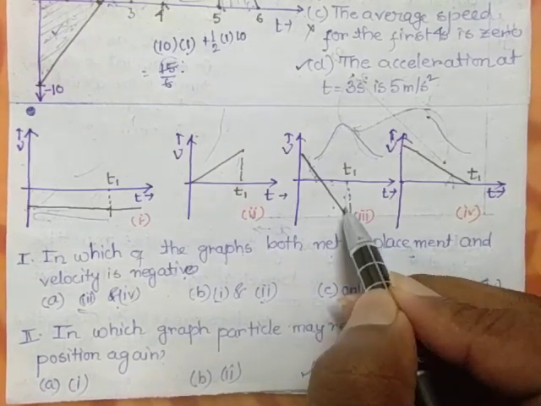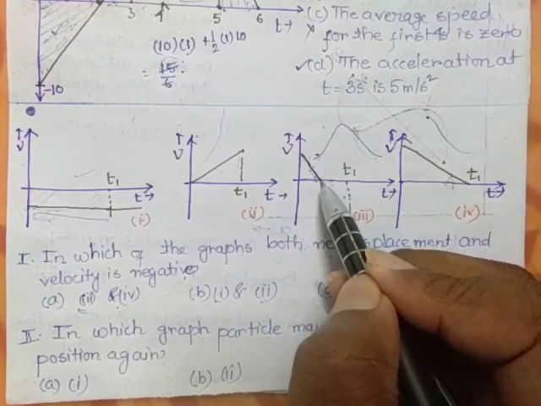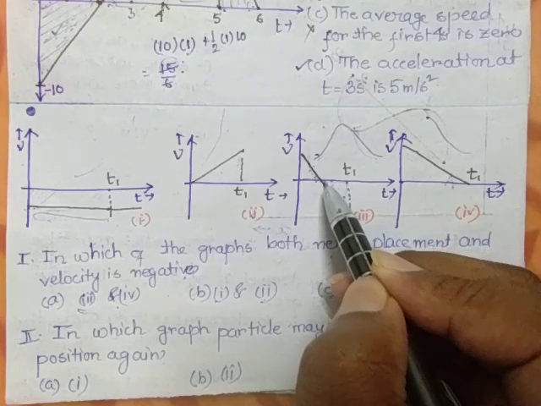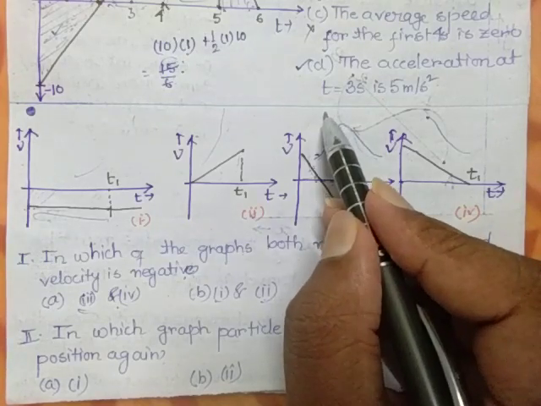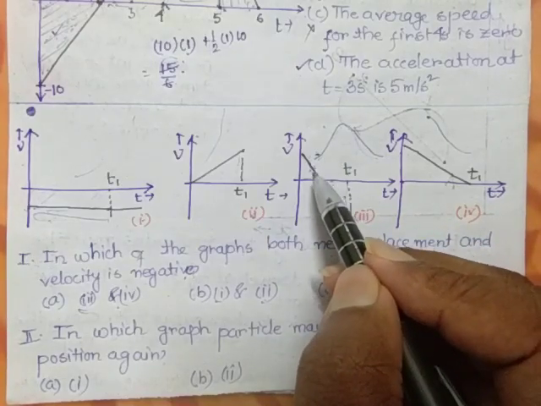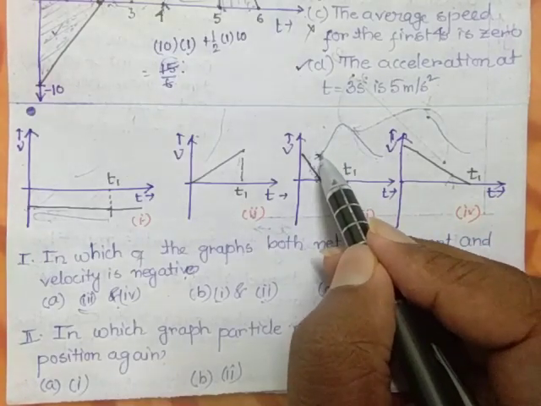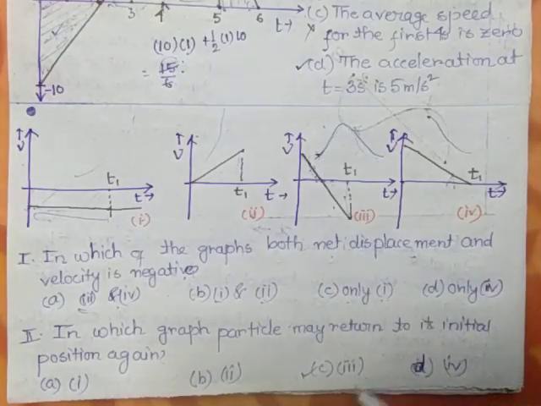Here the velocity is negative, then it becomes 0. Velocity negative means the displacement is also negative. Velocity is decreasing, so it may be like this. So option 3, I think, is the right answer.